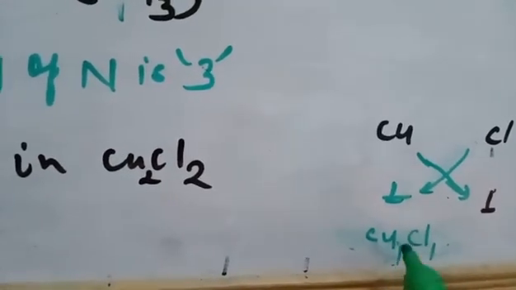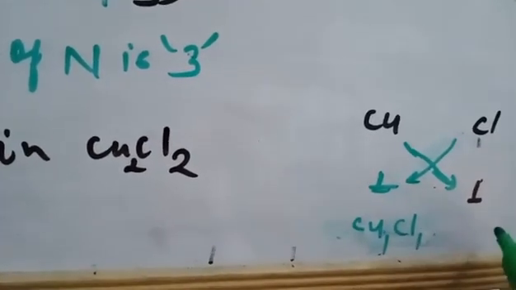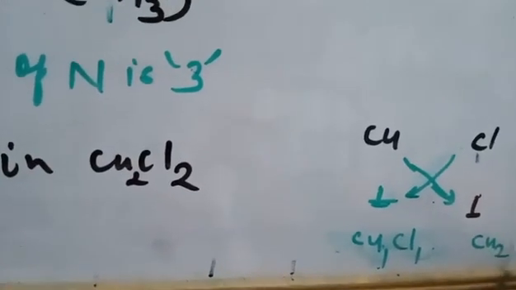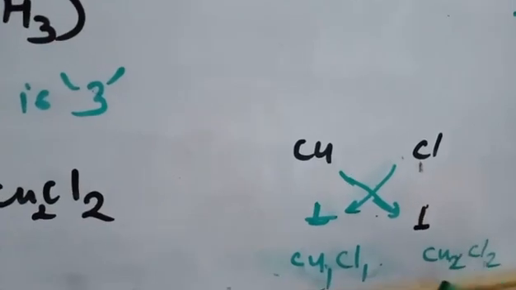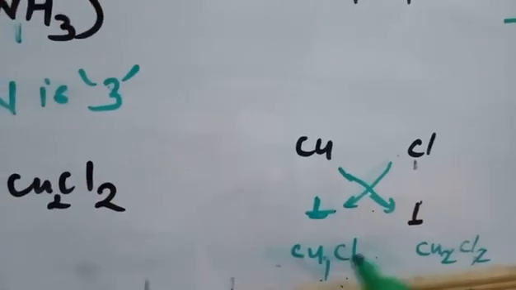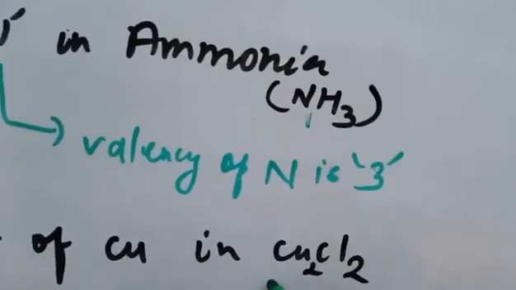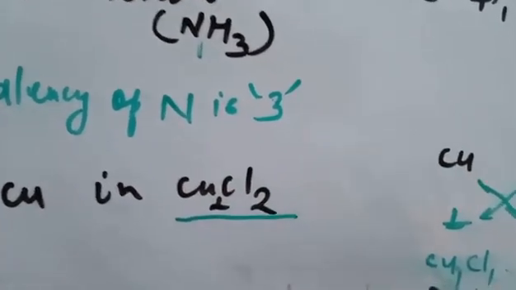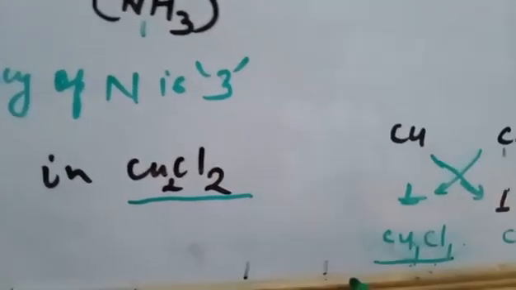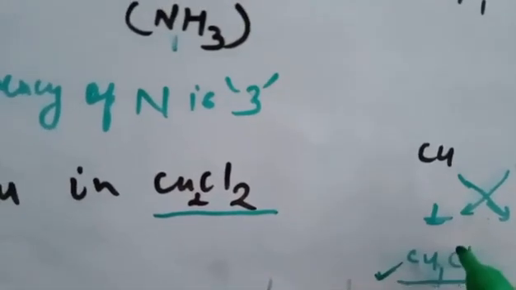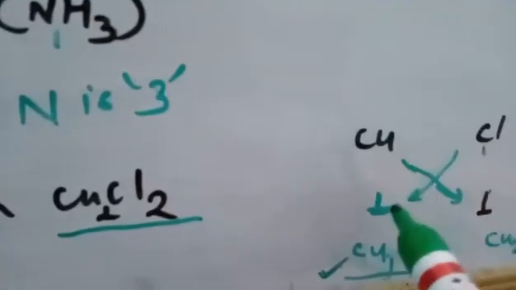If you multiply both the atoms by 2, you will get Cu2Cl2. Or if you simplify it, you will get Cu1Cl1. That means whatever formula you have got, CuCl2, is similar to Cu1 and Cl2. Now the formula we have got is correct. Now we will see what is the valency of copper by doing this.